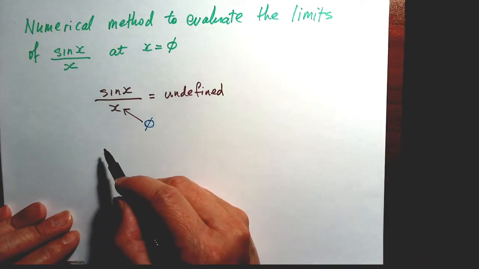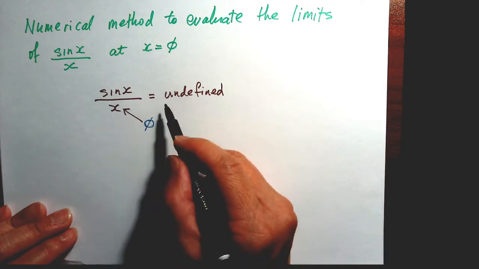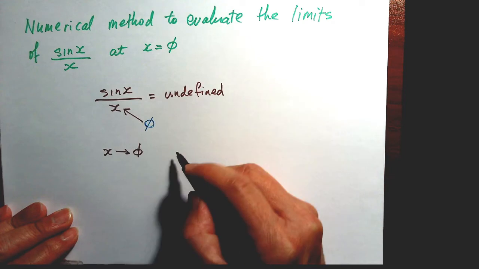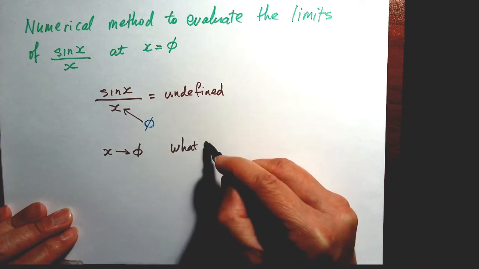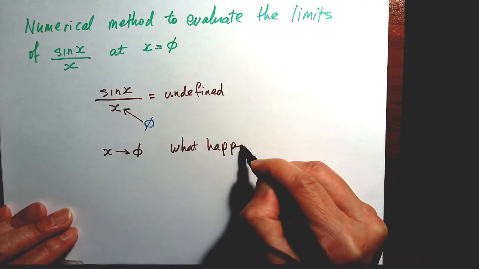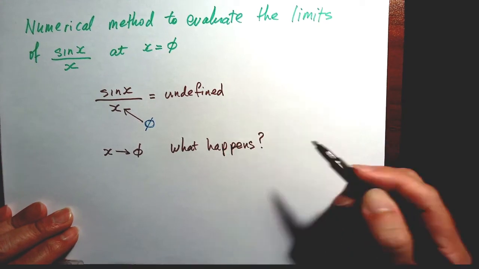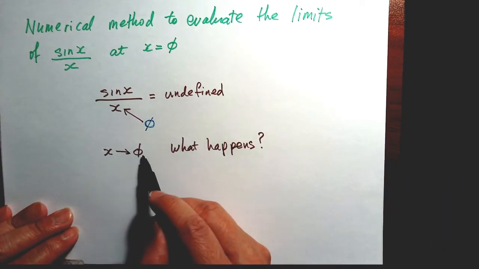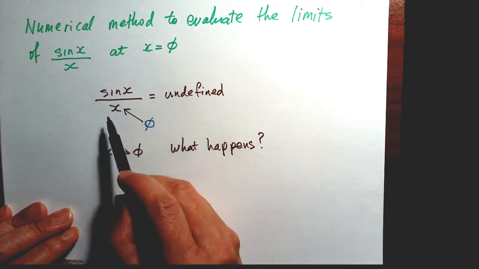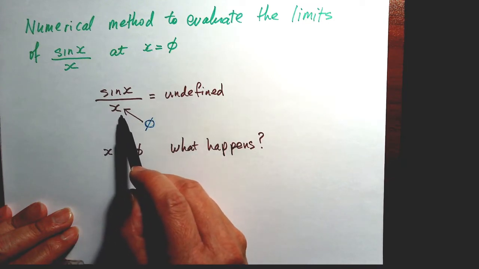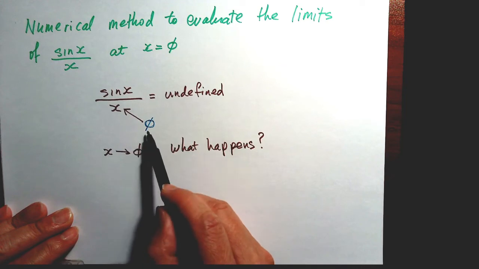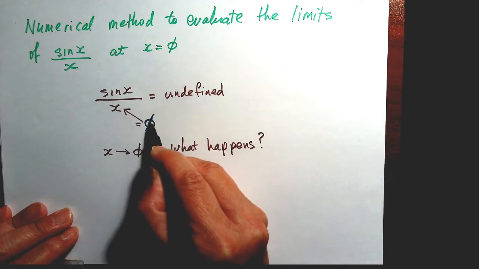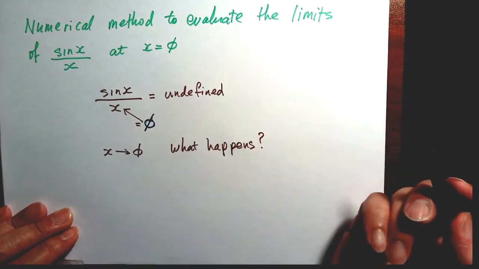So there is a question, what happens when x approaches 0? As x gets closer and closer to 0, we would like to know what happens to this function. But at the point x is equal to 0, the value is undefined.